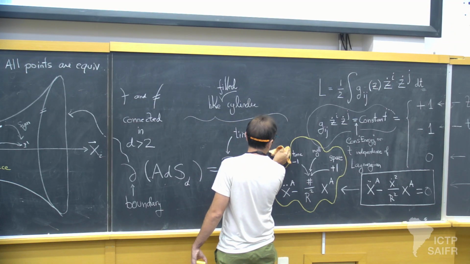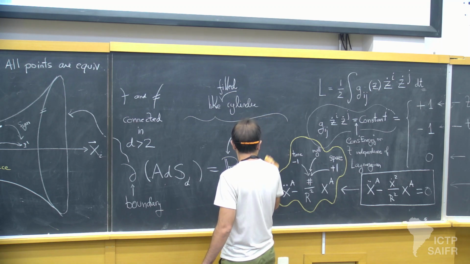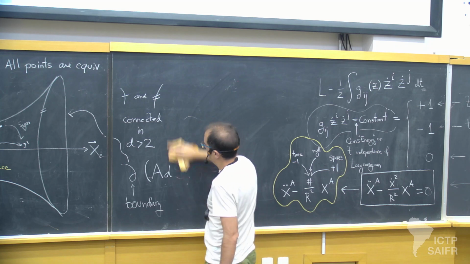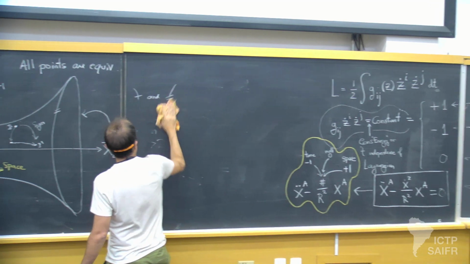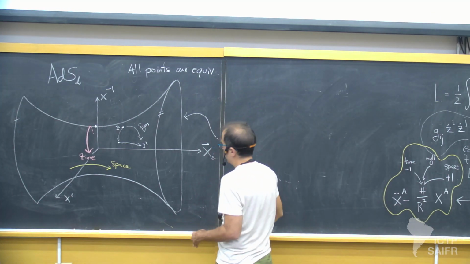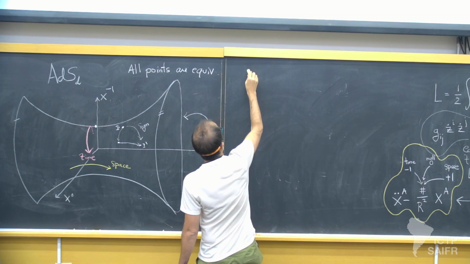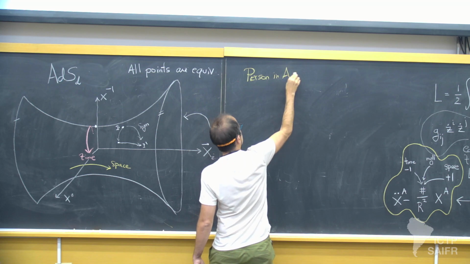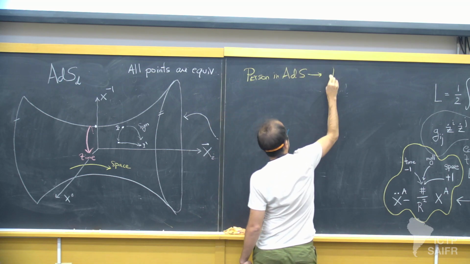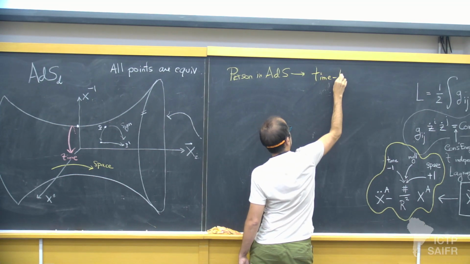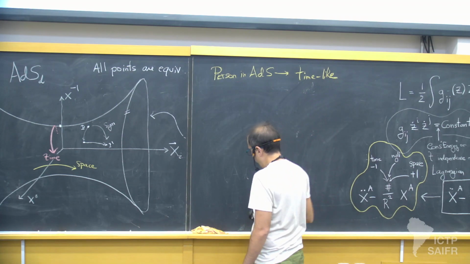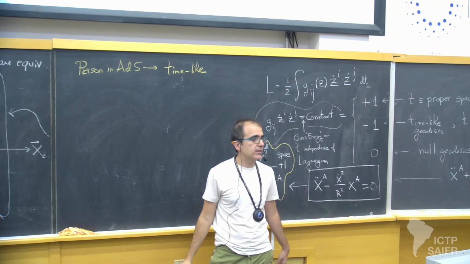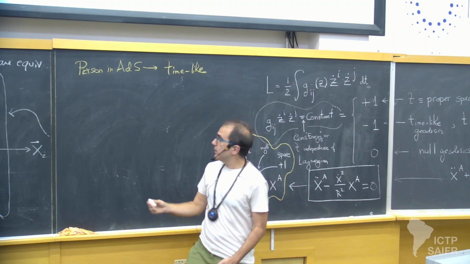So let's continue studying these geodesics. So let's solve this equation. So let's think of a person in AdS. In other words, we want time-like geodesics. I want an observer in AdS, or a rock that I throw. So it's some time-like geodesic.